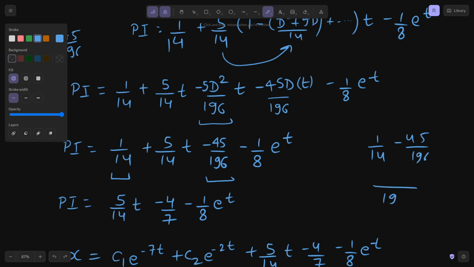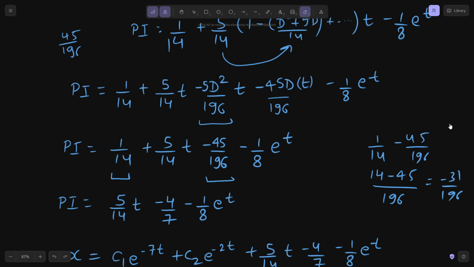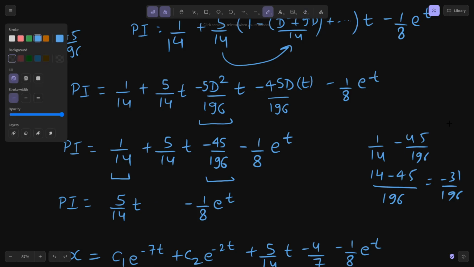So 196 if I take, it will be 14 here and minus 45. So it will be minus of 31 by 196. So a bit of messy calculations here. Minus 31 by 196.